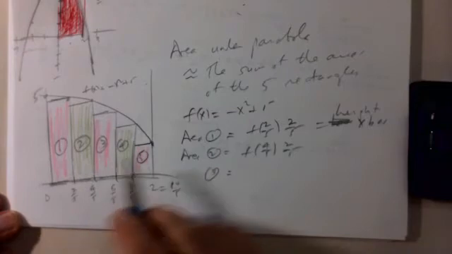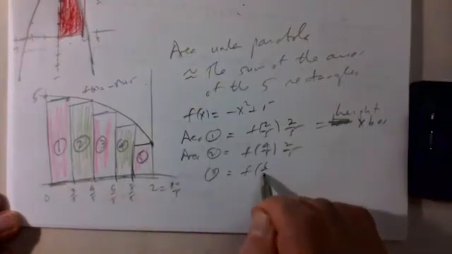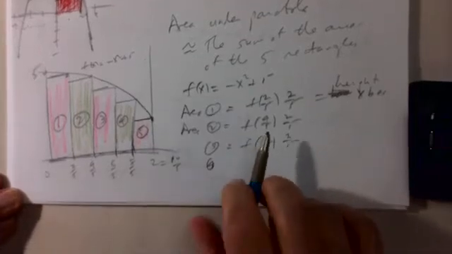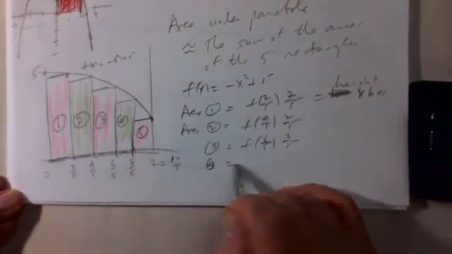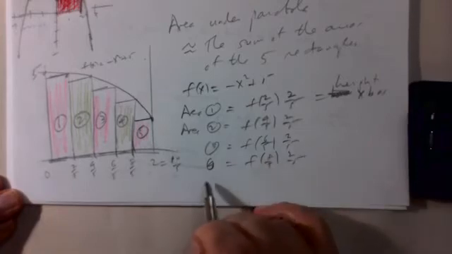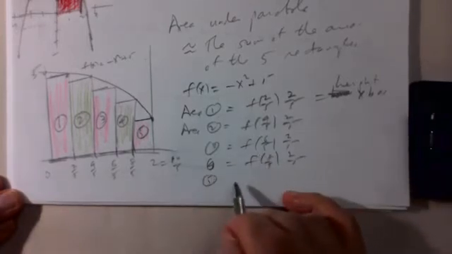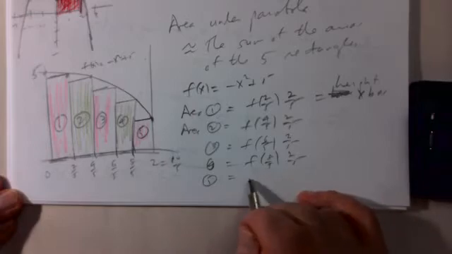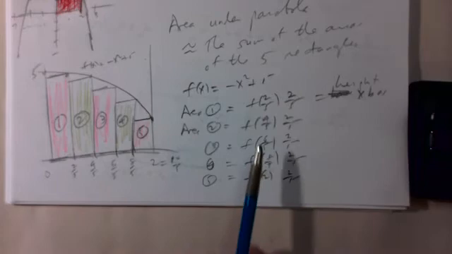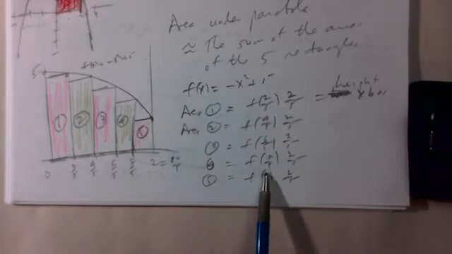For the third rectangle, the height is f of 6/5 times the base. For the fourth rectangle, the height is f at 8/5 times the base. And for the fifth rectangle, the height is the value of the function at 2 times the base. So these are just 5 numbers that we can calculate.